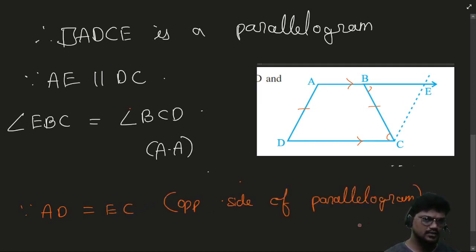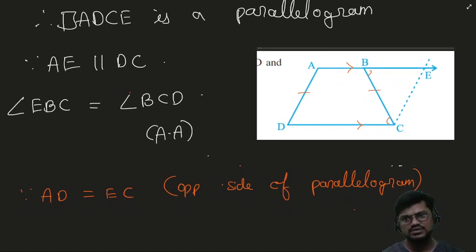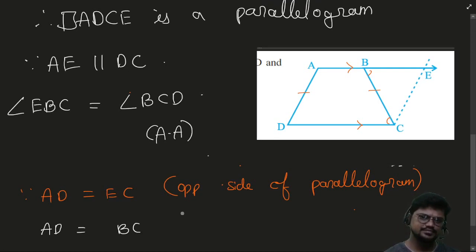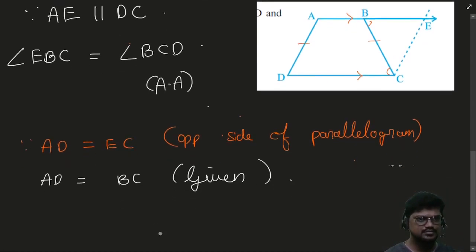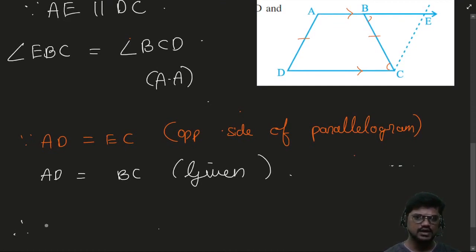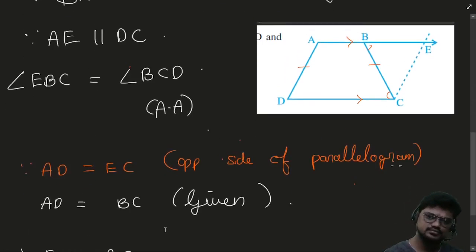After that, it was given that AD is equal to BC. So can I say, therefore, EC is equal to BC? Yes.